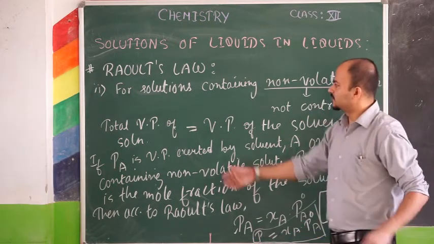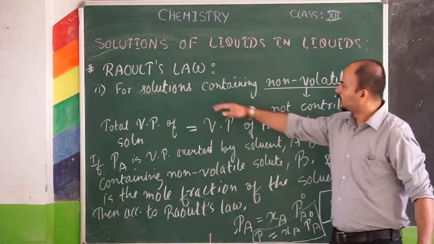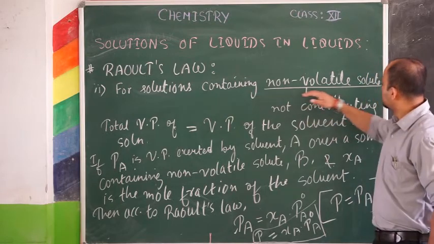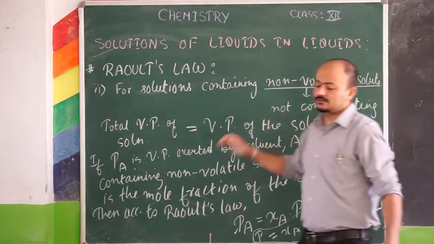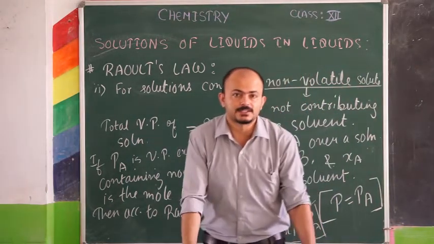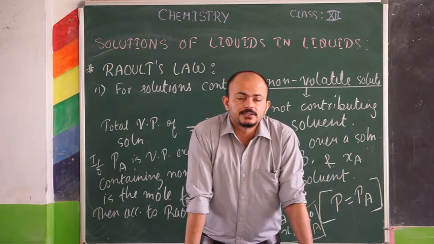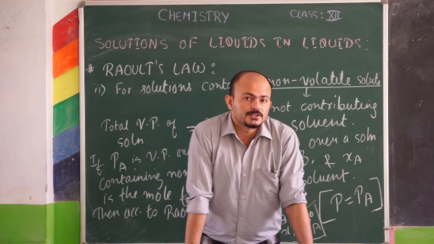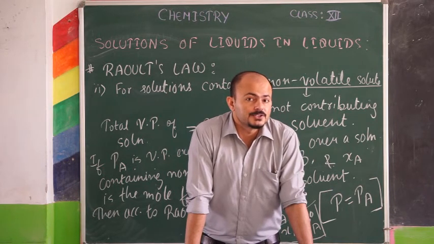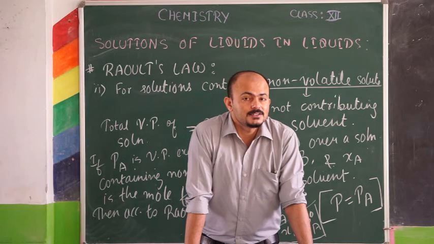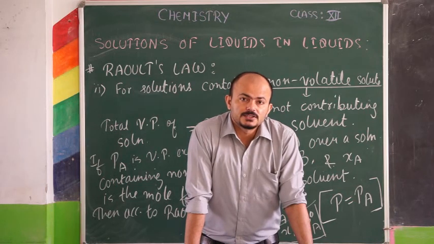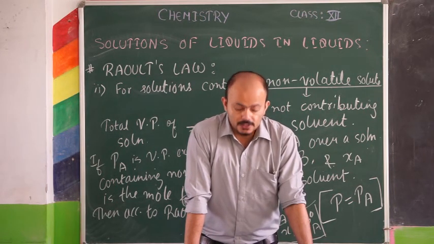So this is the expression for the solution containing non-volatile solute. The most important point, once again: the non-volatile component is not contributing to the total vapor pressure. Therefore, the total vapor pressure of the solution is itself the partial pressure of that particular solvent.